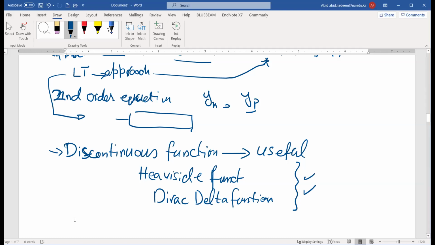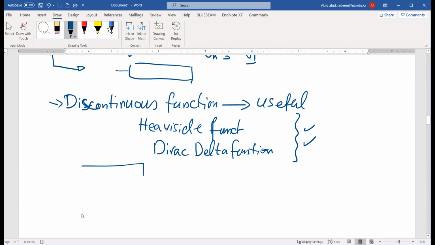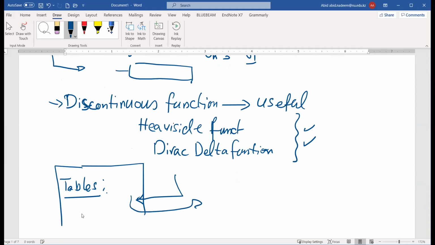Also, this method uses some tables. You just have to look up the Laplace transform from the table, and then you can directly apply it. You don't have to derive Laplace transforms of functions; that is not required.